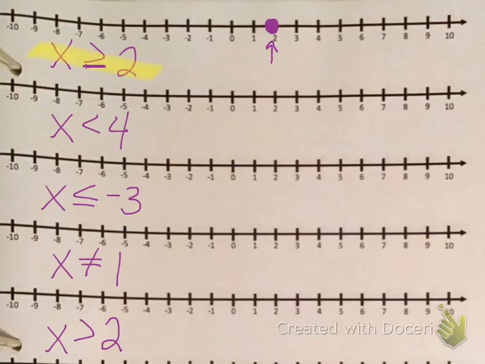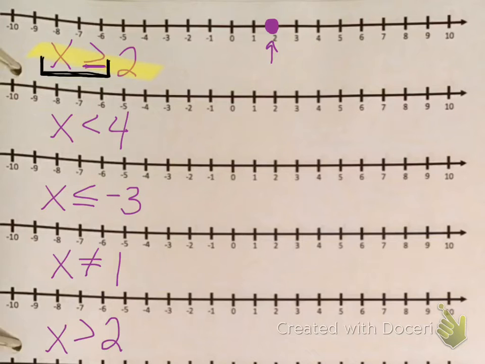All right, now we've got our starting point. Our starting point is at 2. Our solutions are everything greater than or equal to 2. We've already taken care of the equal to 2. That's the closed dot. So our solution is everything greater than that.